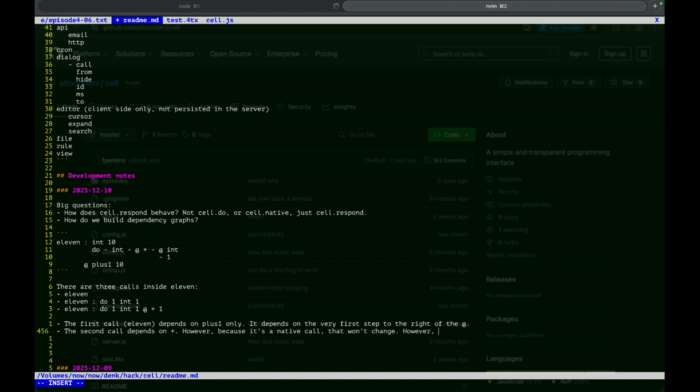However, if you redefine it, it will, and you can redefine any call, so there's no skipping it. So it depends on plus. It also depends on int. The third call just depends on int.